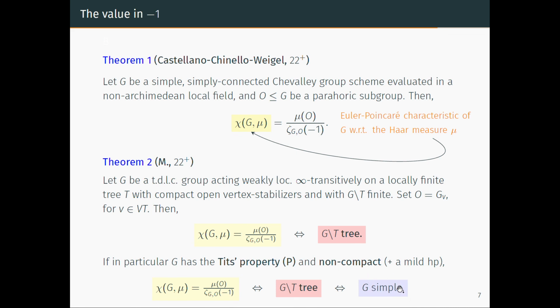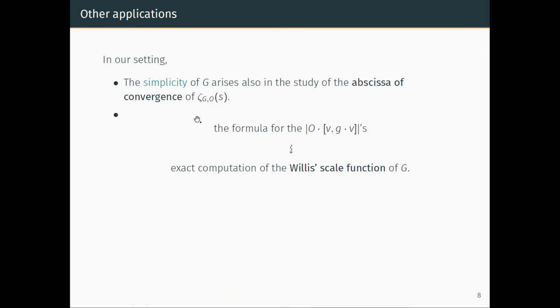The abstract simplicity arises also in the study of other analytic tools of the zeta function, for instance, the abscissa of convergence. And more generally, all the machinery introduced for computing these double-coset zeta functions can be used for studying other invariants of the group, for instance, the Willis scale function.